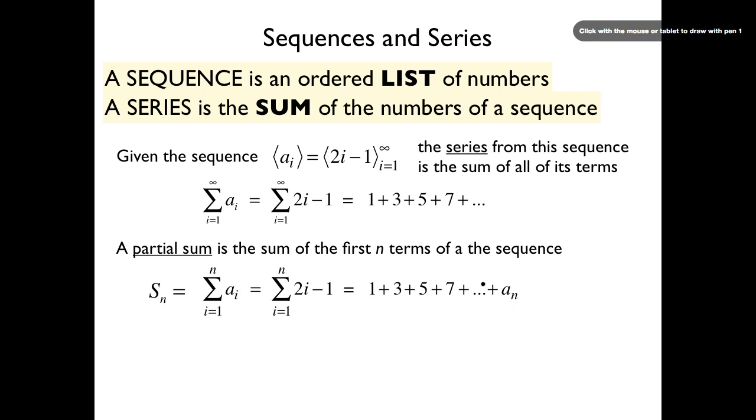And we know what a n is. What is a n? 2n minus 1, right? So you could write stop at a n, or you could write stop at 2n minus 1. Yes, that's right. Whatever we choose n to be.